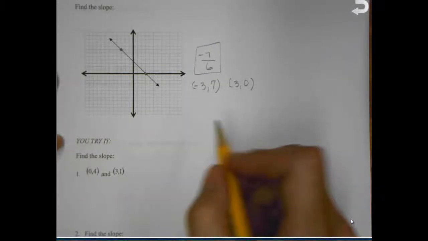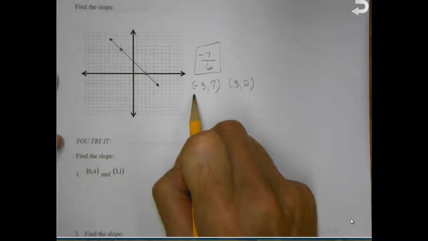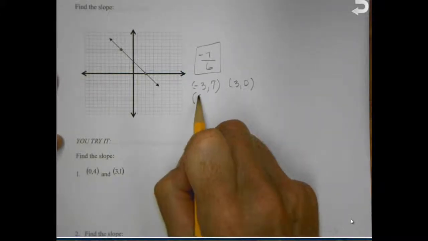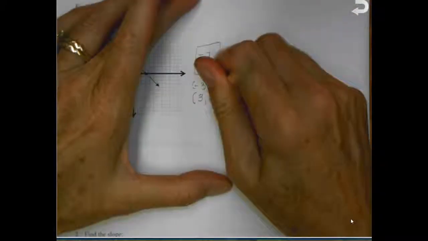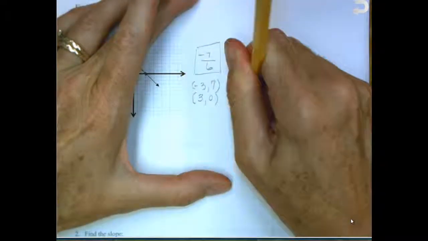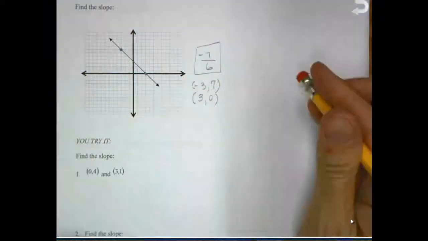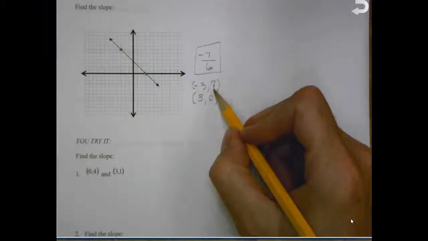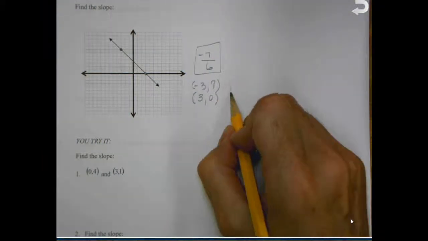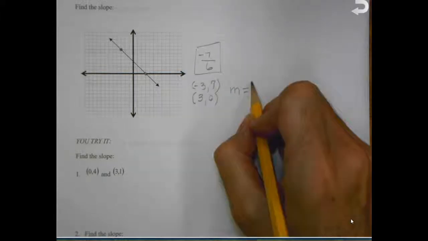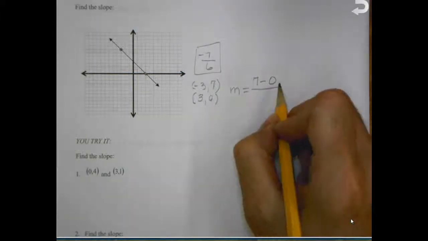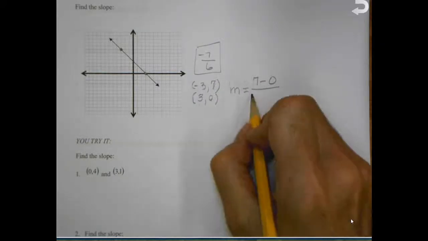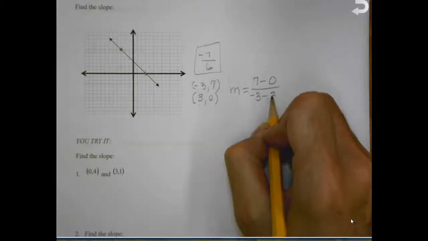It's just a visual way of organizing your coordinates so that it helps you use the formula a little better. Instead of writing it to the side, I'll write them top to bottom, and then as long as I remember to take the difference in the y's first, then I can write it 7 minus 0, so this one first, this one second, and then this one first, this one second, so negative 3 minus 3.